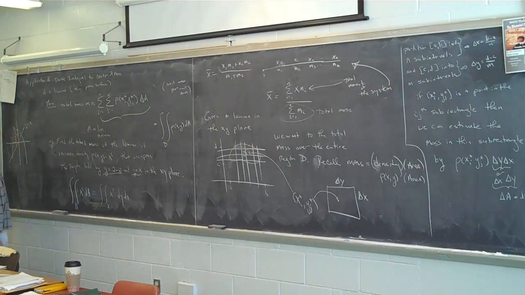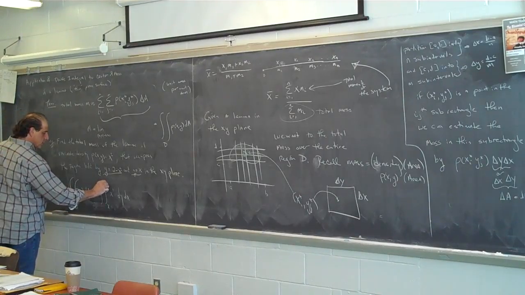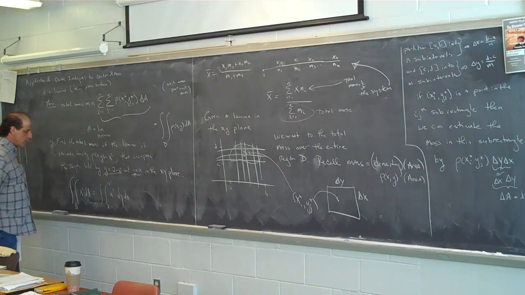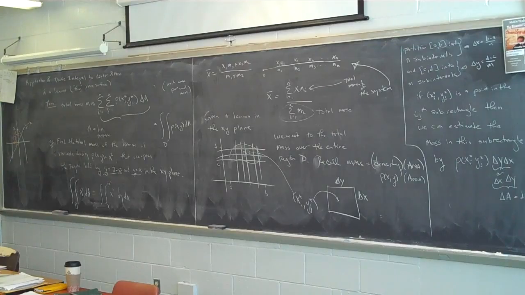The upper limit is the parabola, 2 minus x squared, from something to something, and that something to something is where y equals 2 minus x squared intersects with this guy.